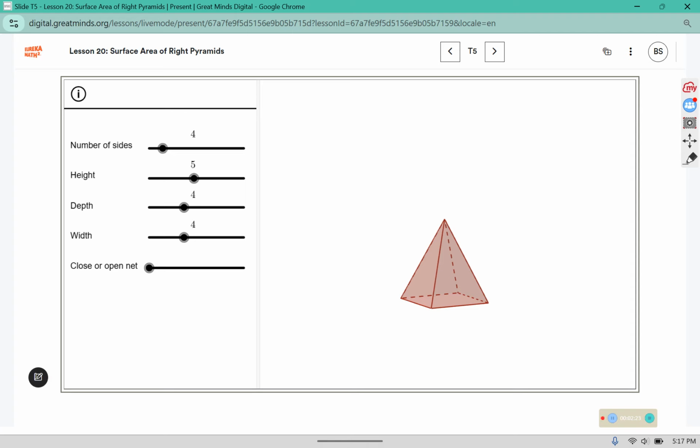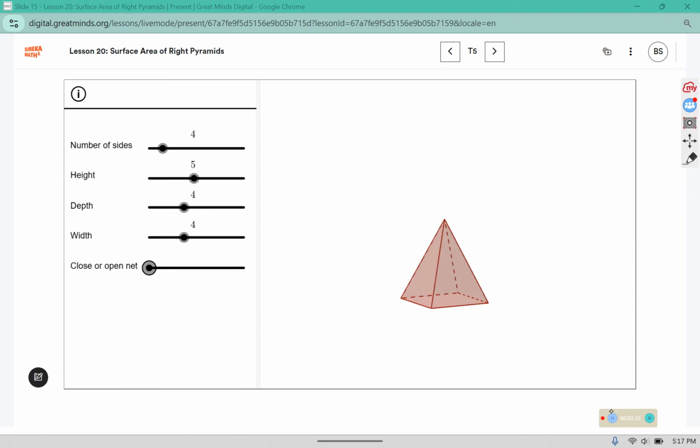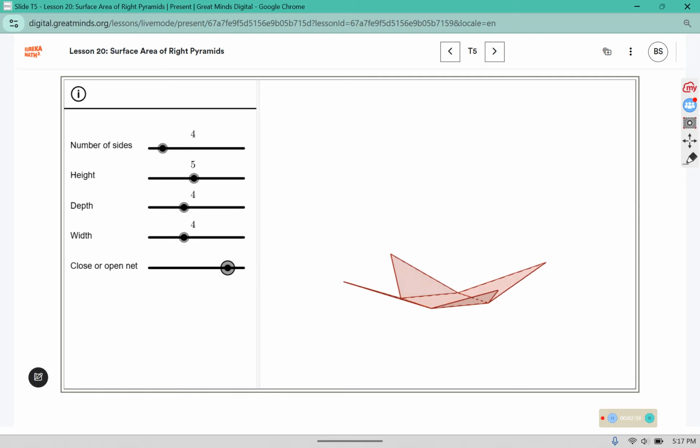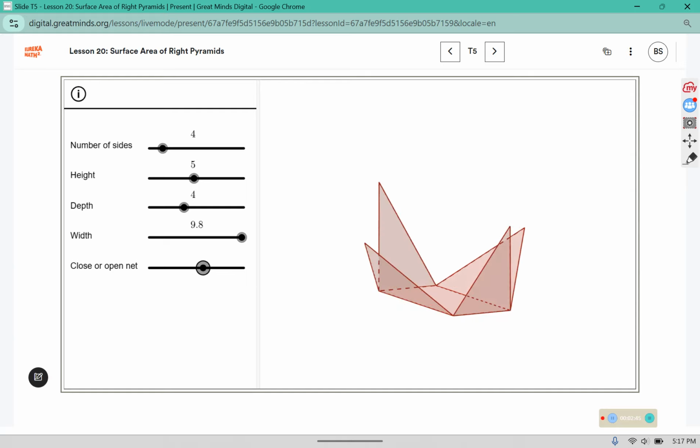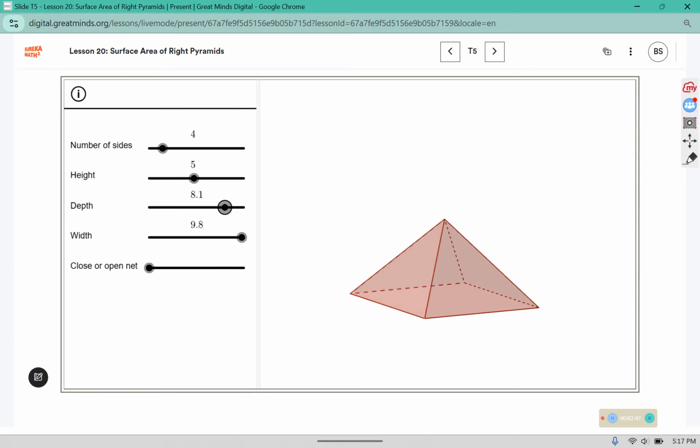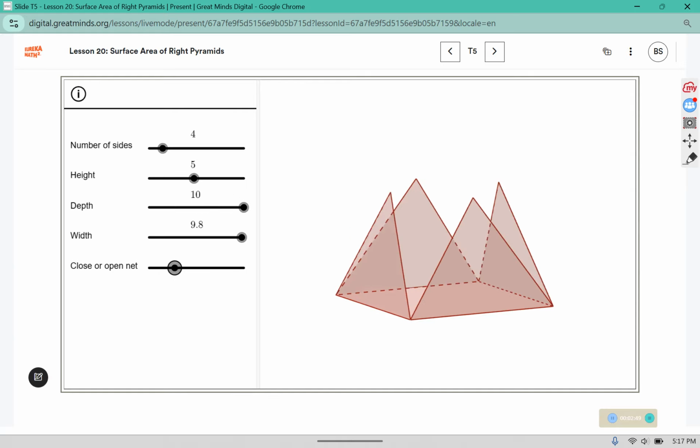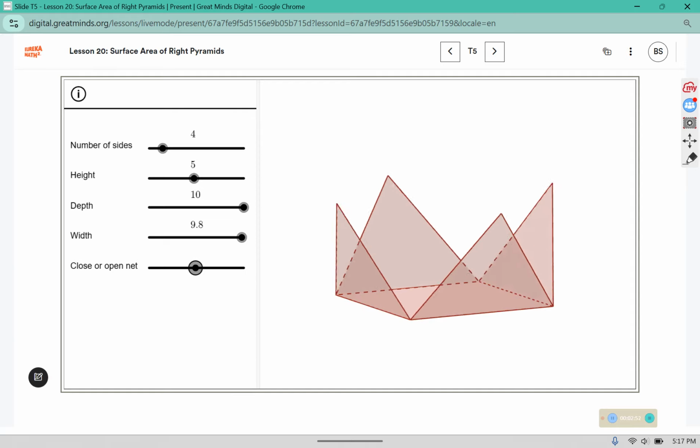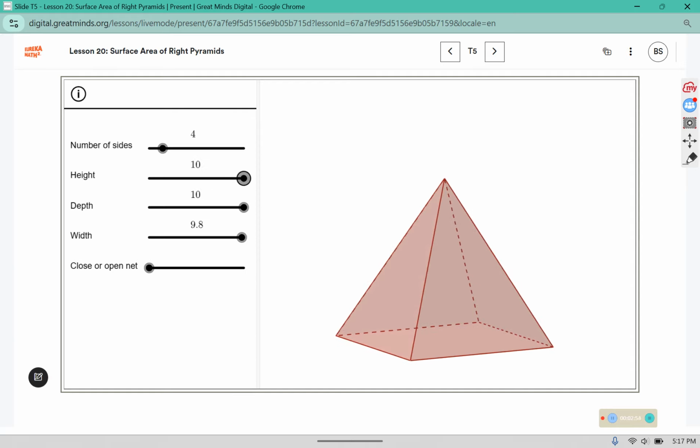Here we can examine the pyramid. When we open the net, you can see that it's made up of triangle sides and then a rectangle or square base. We can make it taller.